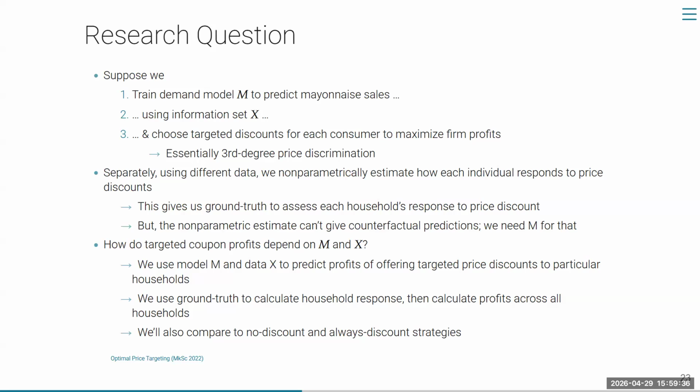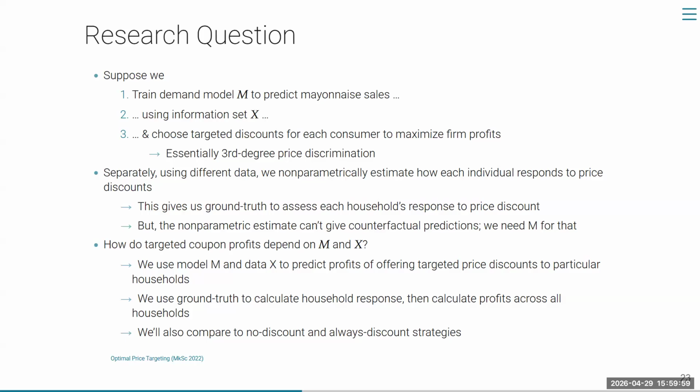And the key question is, if we were to follow all of the model's predictions, how would our coupon profitability depend on our choice of model and the way that the information we use to train the model? And in a coupon exercise, we have two degenerate strategies. One degenerate strategy is don't give out any coupons. Another degenerate strategy is give everybody a coupon. And so those will be very simple benchmarks against which we can compare the models.